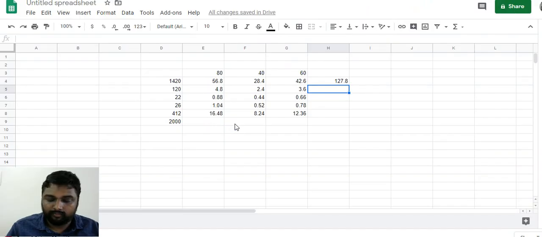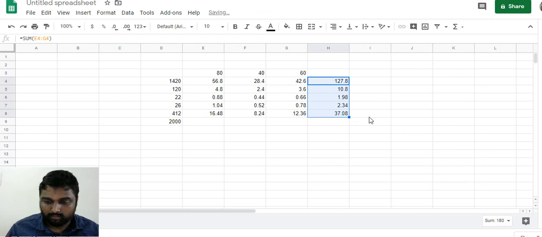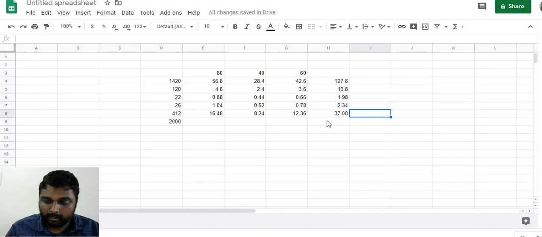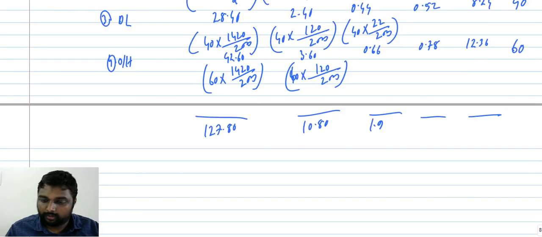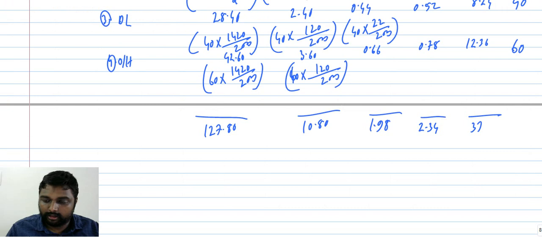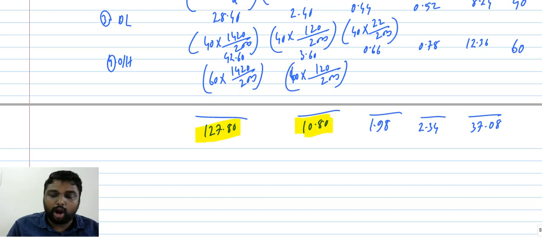Okay. 10.8, 1.98, 2.34, 37.08. So this is the product cost, that is the joint cost to be allocated.